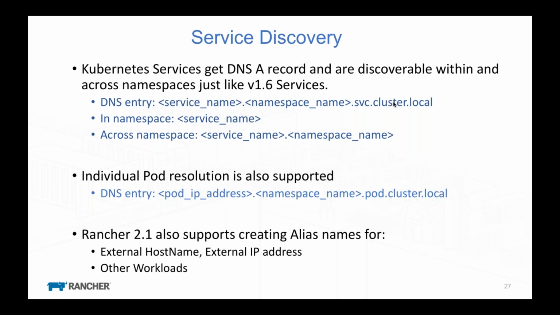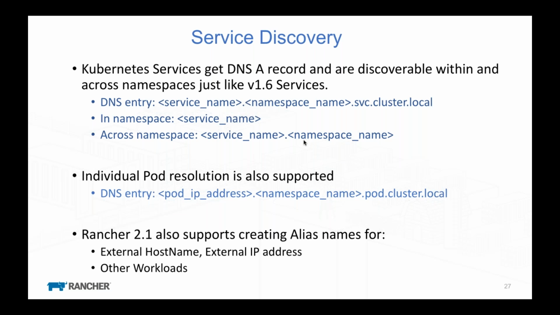The service is discoverable just by service name in your namespace, and across namespaces by service name.namespace name. As you can see, this is very similar to service discovery in Rancher 1.6. Individual pods also get DNS names, just like containers were discoverable in 1.6 setups.